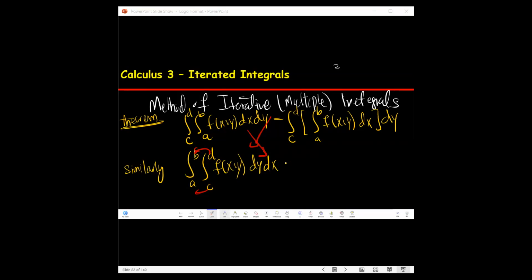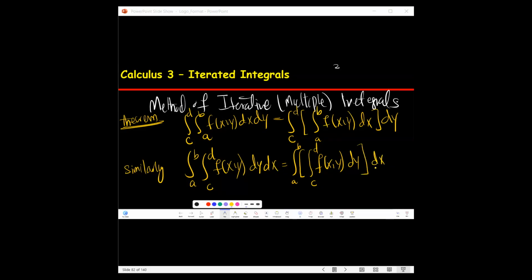That should be equal to a, b, and then we take the integral for the internal integral first before we touch the outer one. So it's like a shell. You remove one layer and then reach out to the other layer, and then the other layer. That's how it works. You cannot reach out to the other layer before you remove the first one. So initially you have to start from inside, solve the inside one, and then continue. So this is the theorem given in your book.